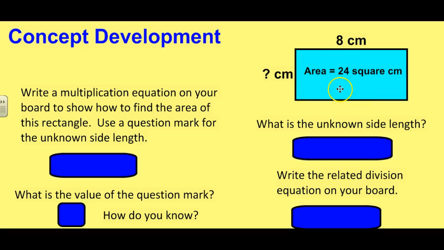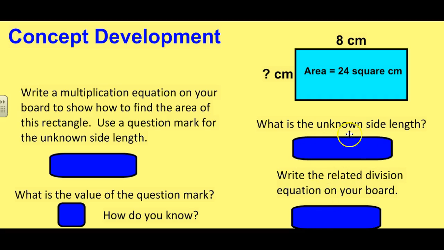Okay. Now we're on to another one where they gave us one side length and they gave us the area. And this time on your board, I'm going to let you do both steps together instead of separately. So go ahead and on your board, write your multiplication equation and make sure you're using a question mark for the unknown side length. And I also want you to write the related division equation on your board without using the question mark and going ahead and putting what this question mark actually stands for in your division equation.